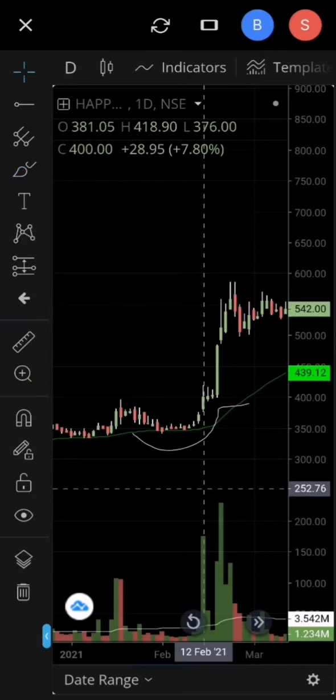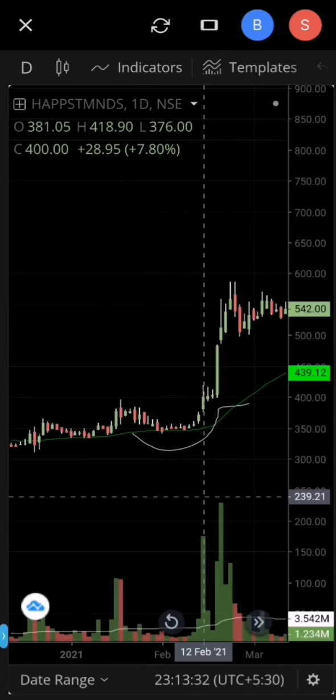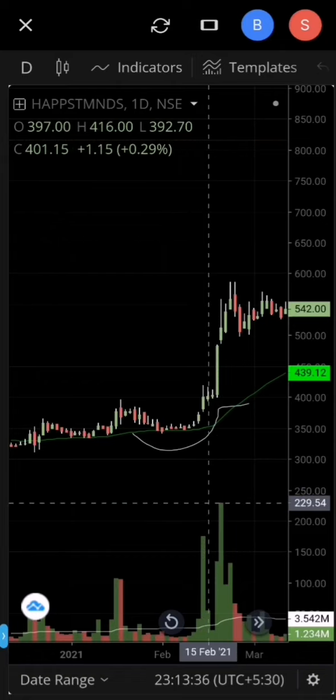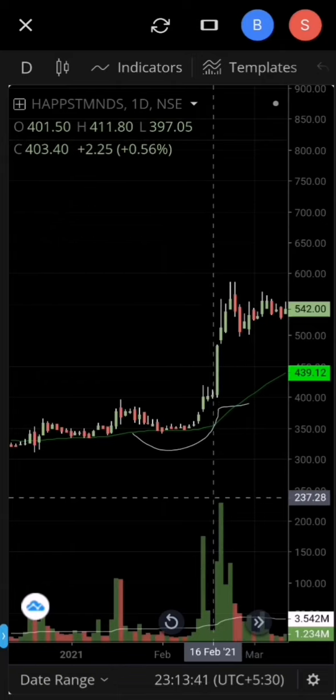However, the closing was not encouraging on the day of 12th Feb 2021. But if you could see, there was a very tight move after, for the next 2 days, on 15th and 16th.